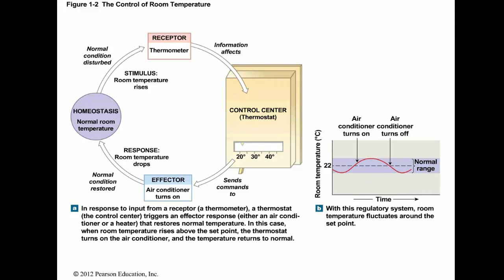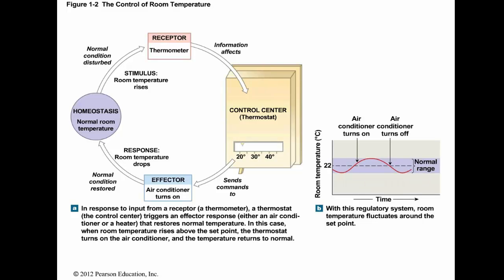So this is a simple loop. If we go through it again, we've got the purple circle on the left, normal room temperature. If we then move upwards, we've got a change in room temperature, which causes a rise, and this rise is picked up by a receptor. In this case, it is the thermometer, and the thermometer sends information to the thermostat.